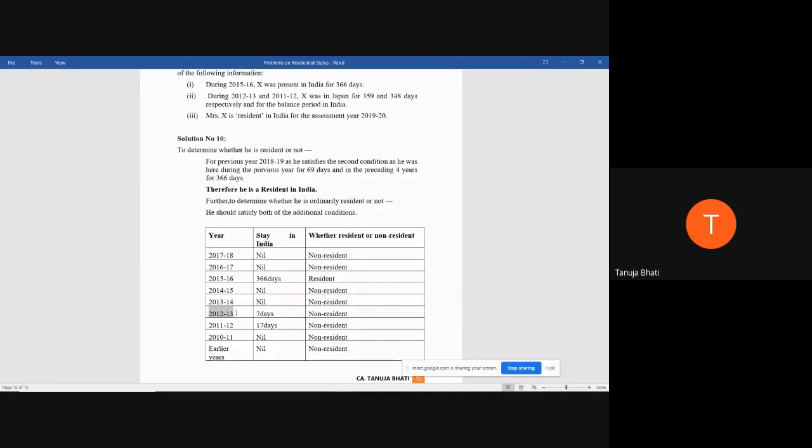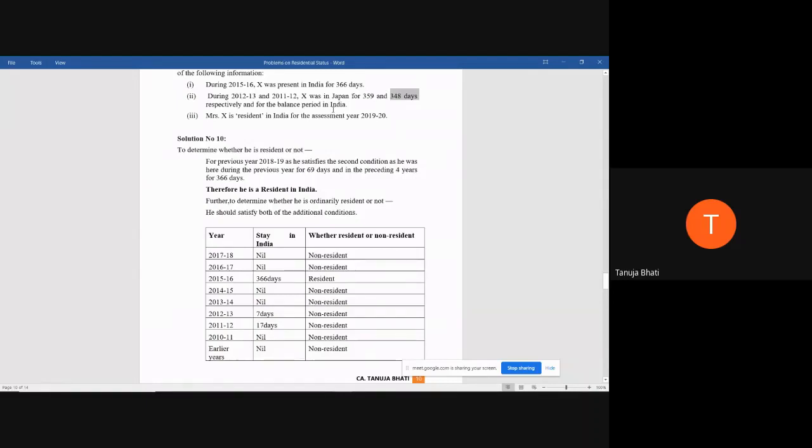So total 366 days minus 359, because 359 days he was in Japan. So what is the balance number of days he stayed in India in 2012-13? 7 days. And he's telling in 2011-12, he stayed for 348 days in Japan and balance he stayed in India.